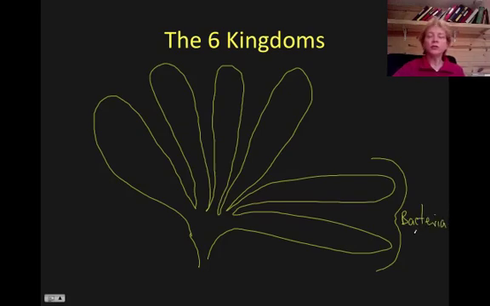An older term for this was the Monera. But what they've done is they've actually separated the different types of bacteria into their own categories. So this one here, we have archaea bacteria, and eubacteria.